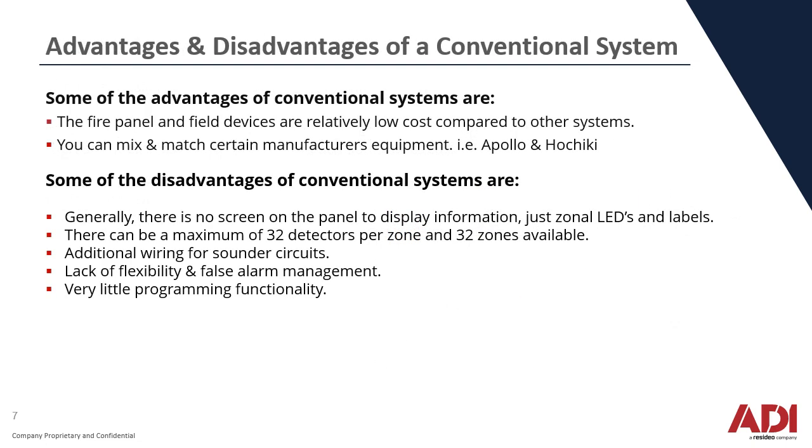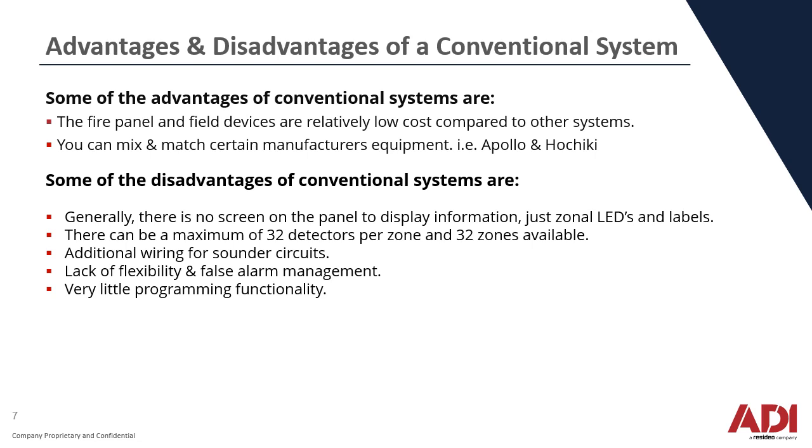The advantages and disadvantages of a conventional system are as follows, but not limited to. Some of the advantages of conventional systems are: the fire panel and field devices are relatively low cost compared to other systems. You can mix and match certain manufacturers' equipment.